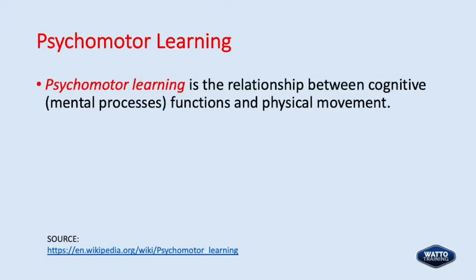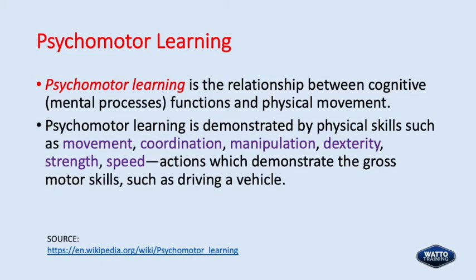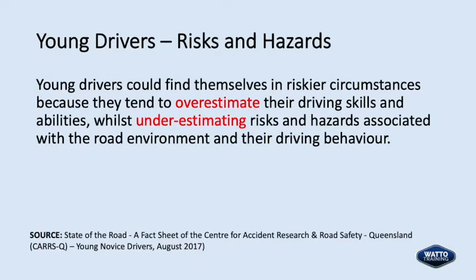Psychomotor learning is the relationship between cognitive functions and physical movement. Psychomotor learning is demonstrated by physical skills such as movement, coordination, manipulation, dexterity, strength, speed, actions which demonstrate the gross motor skills such as driving a vehicle.